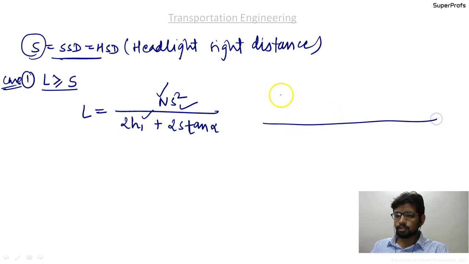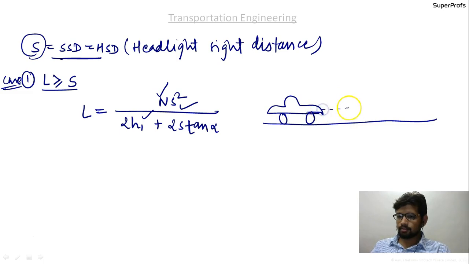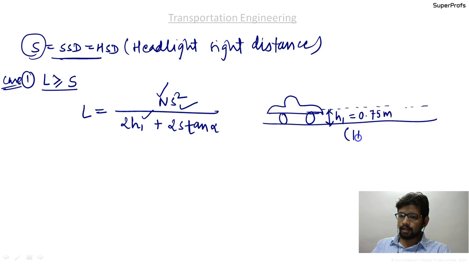If this is a vehicle like this, small h1 is the height of the headlight of the vehicle, which is equal to 0.75 meters, standard as per IRC.